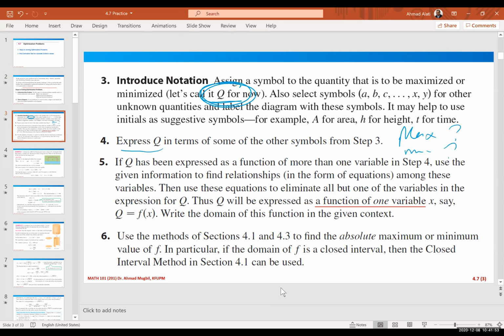Then focus on this function, express it in terms of the other quantities that you have. Then if it is expressed in more than one variable, try to eliminate one of the variables, and at the end you should have it as a function of one variable only, like f of x. You cannot solve it with two variables in this course, of course, but later you will be able.